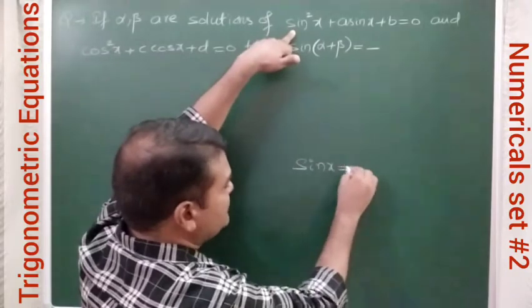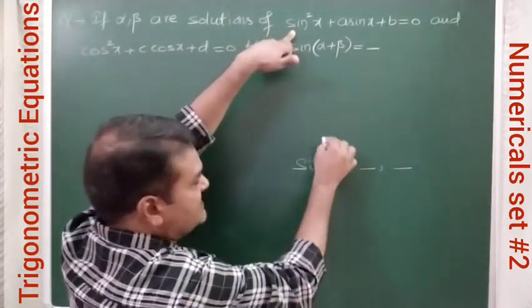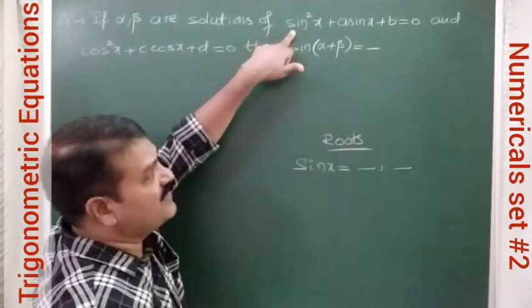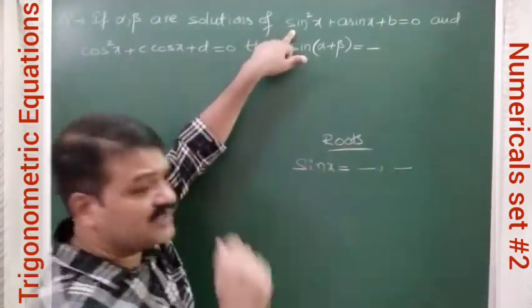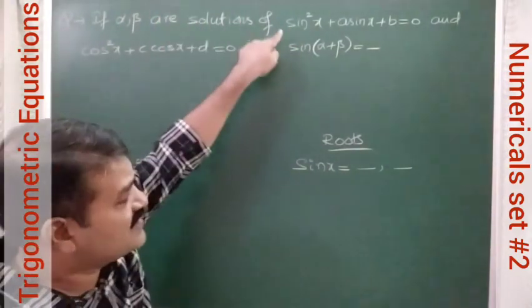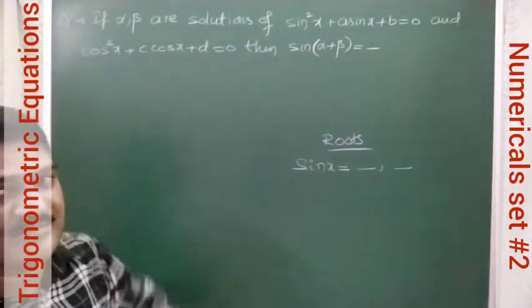Means sin x is equal to something, you will get the roots like this. So roots of this equation means sin x is equal to something. Alpha, beta are solutions of this equation. That means alpha, beta must satisfy the roots also, no?